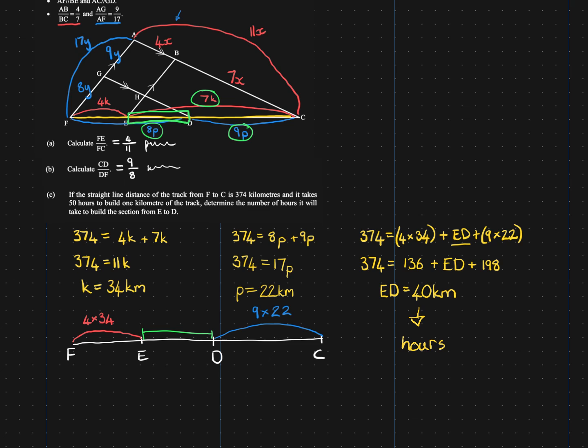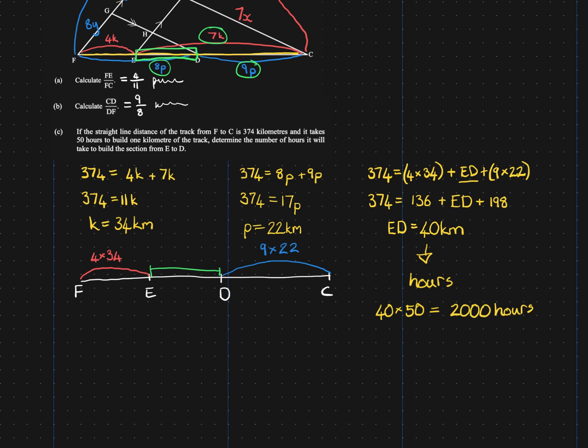If it takes 50 hours to make 1 kilometer and we've got 40 of them to do, it'll take 2,000 hours in total. At this point it is a good idea to write a final sentence to show that you know what you calculated, something like: it would take 2,000 hours to make the section from E to D.